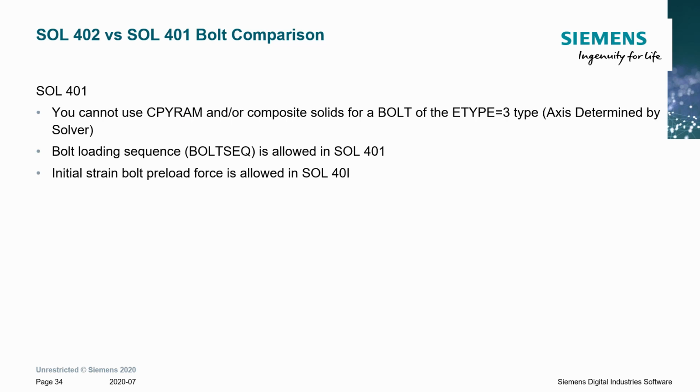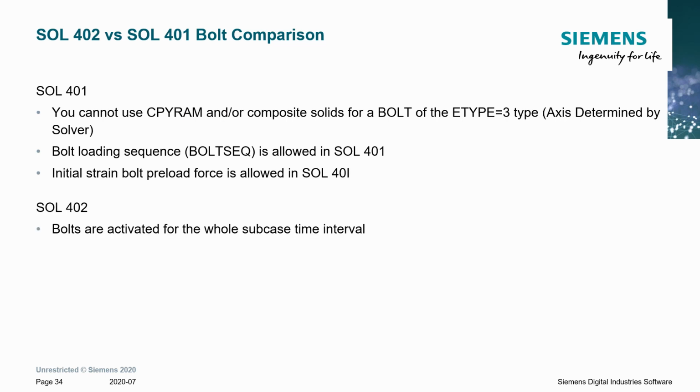You actually have to set up a coordinate system and then specify the axis through that. You will get a fatal error, or you'll get a message saying that you need to do a Nastran system cell to do that. Bolt loading sequence is allowed in 401, and then you could do an initial strain bolt preload force in 401 as well.